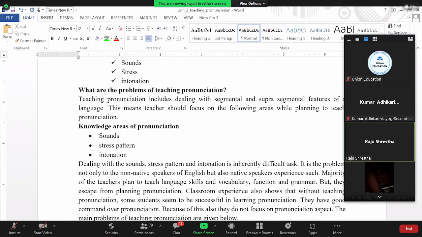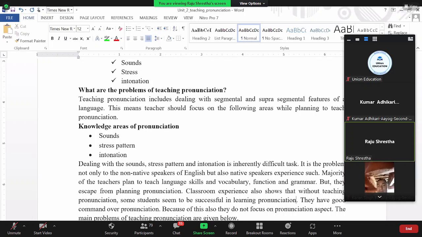We always try to skip teaching pronunciation, because we know the inherent difficulty of this part. So there are some reasons why they escape from teaching pronunciation. Classroom experience also shows that without teaching pronunciation, some students seem to be successful in learning pronunciation.